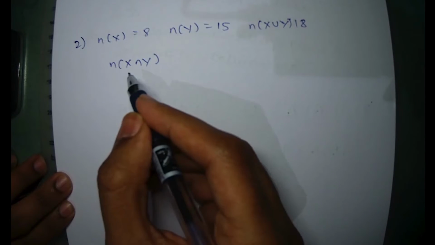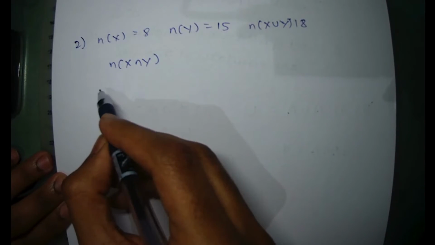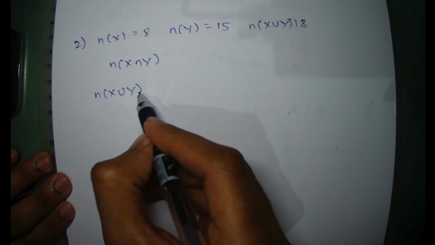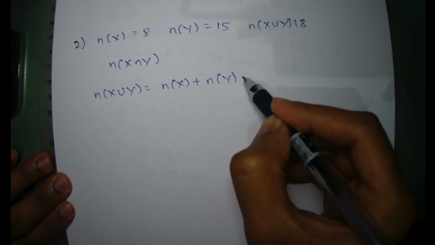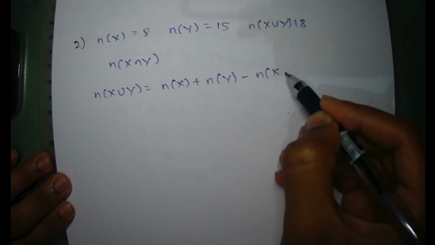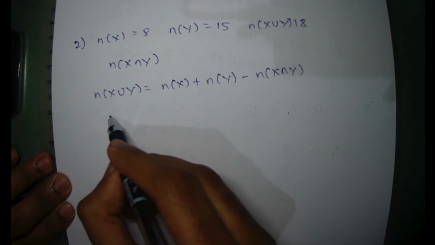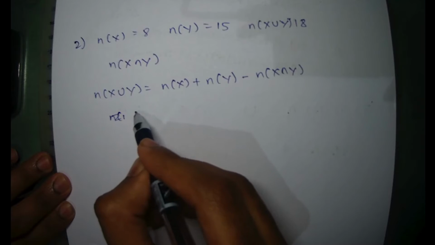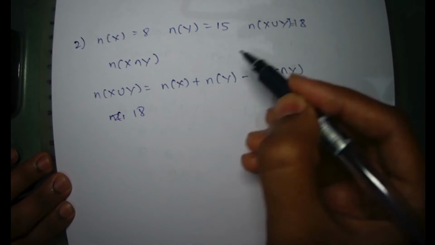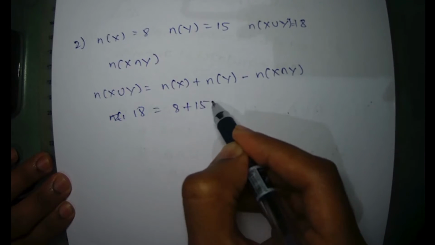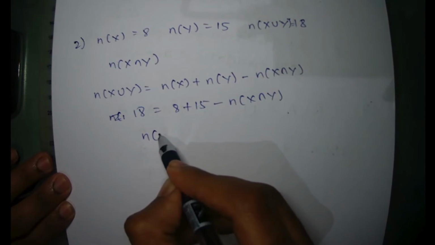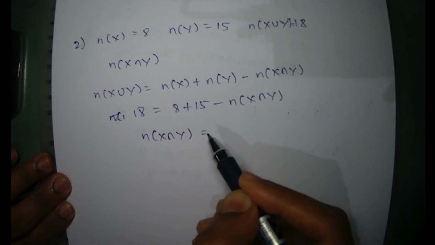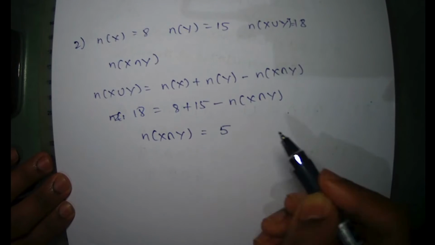This is the same as the previous question with different numbers. So n(X union Y) is n(X) plus n(Y) minus n(X intersection Y). So 18 is equal to 8 plus 15 minus n. On solving this we get that n(X intersection Y) is equal to 5.